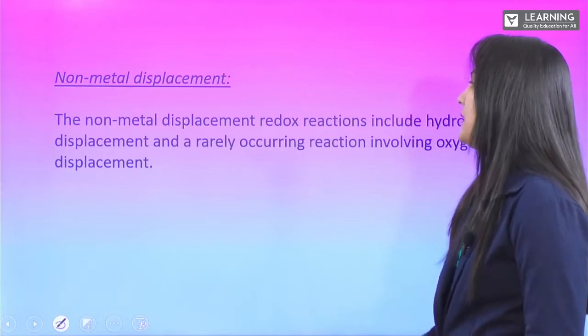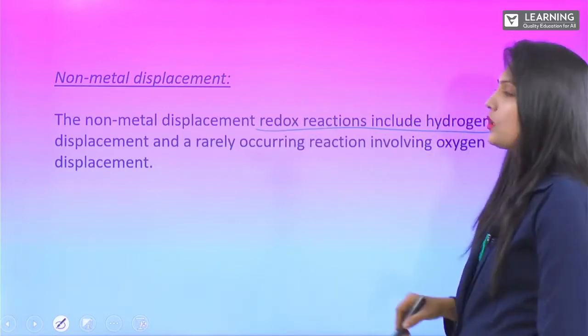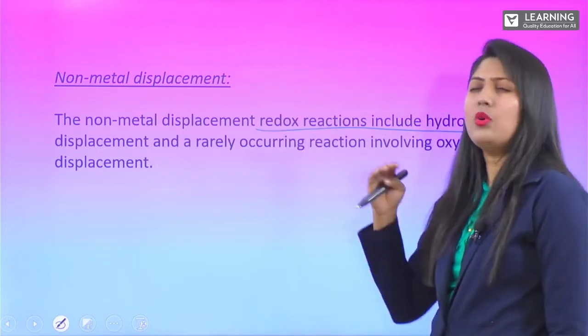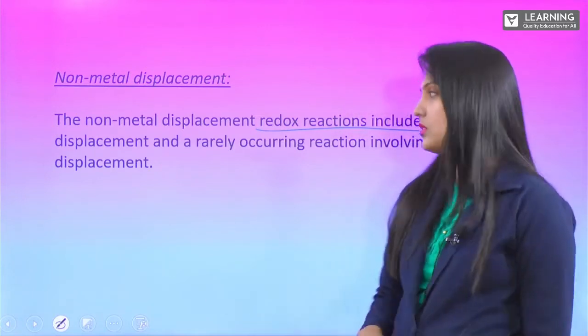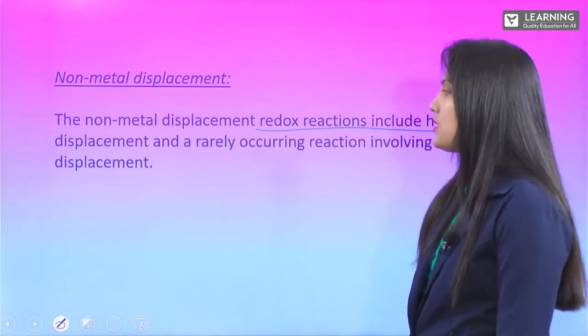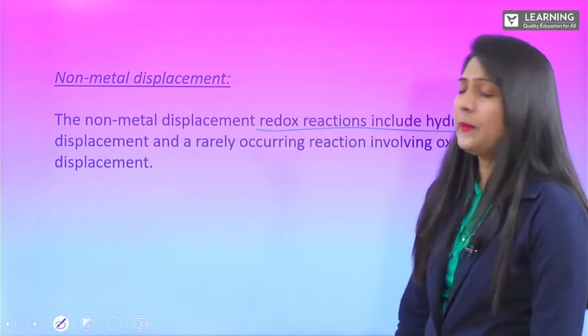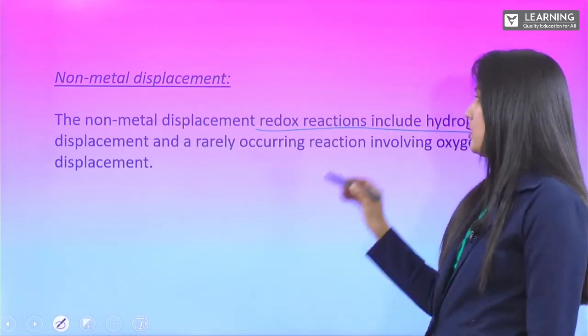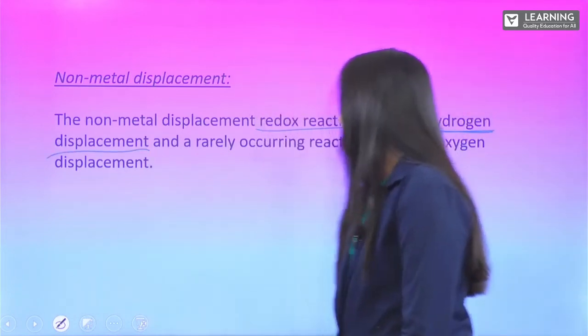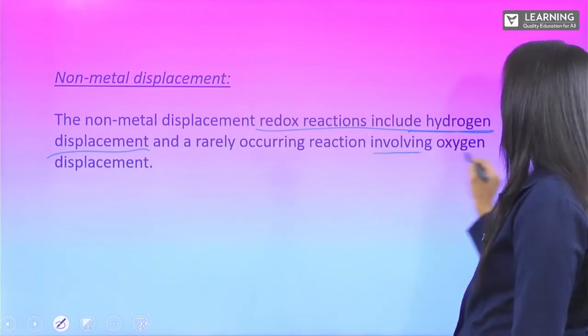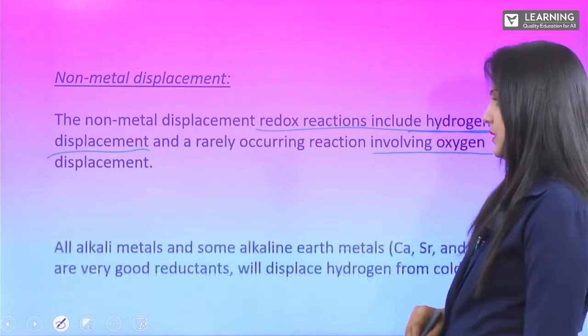The non-metal displacement redox reaction includes hydrogen, because most of the elements contain hydrogen and oxygen. So we need to concentrate on this. The non-metal displacement redox reaction includes hydrogen displacement and rarely occurring reaction involving oxygen displacement.